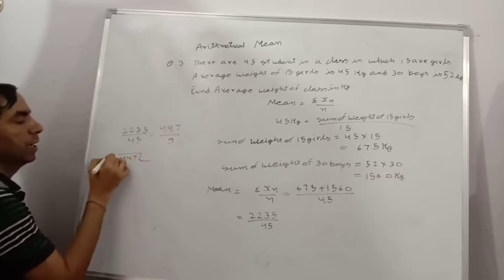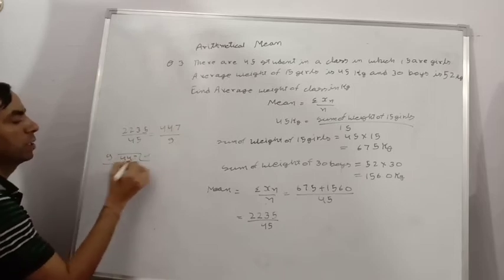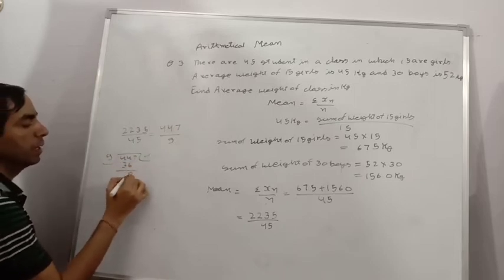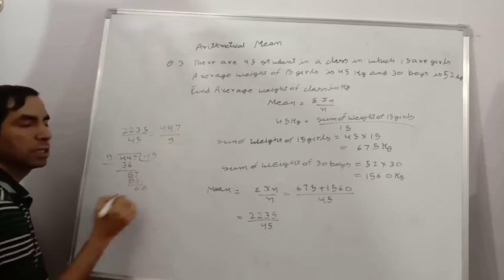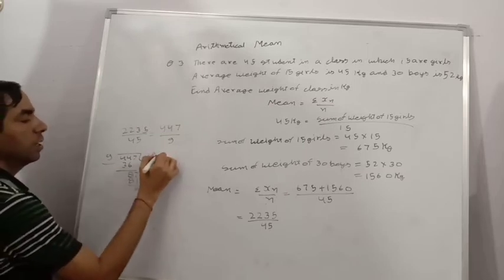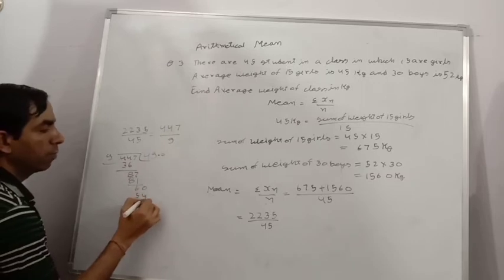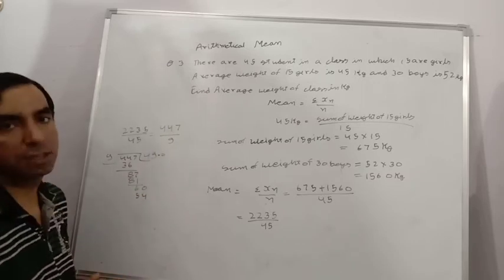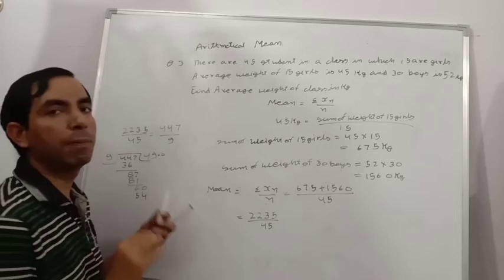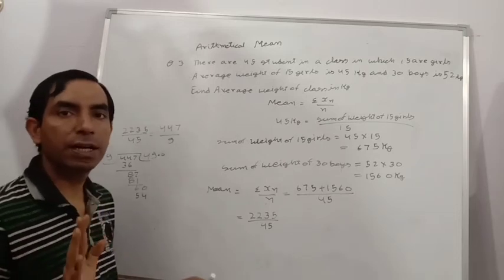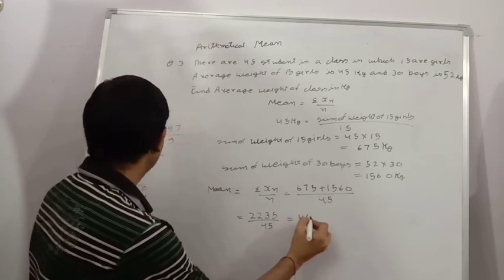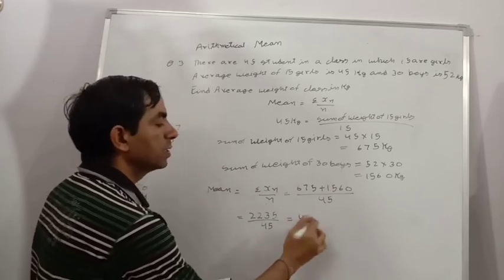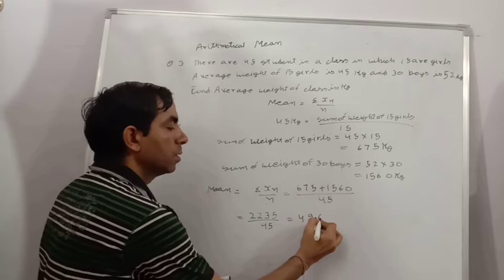447 divided by 9: 9 times 4 is 36, 87, 9 times 9 is 81, 6, 60, 9 times 6 is 54, so 49.6. It is not divided completely, so we write it in decimal form: 49.6 kg.